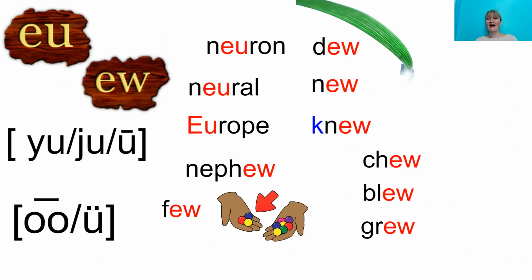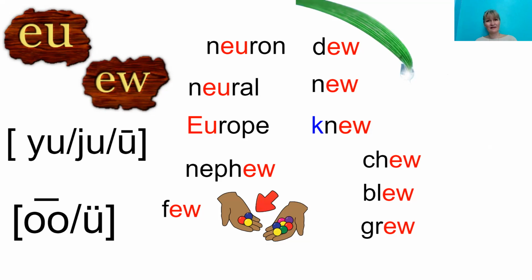All right, so I also, just as a reminder, don't forget that digraphs EU and EW also make a U sound or OO sound, right? So we remember neuron, neural, Europe, nephew, few, or we have a longer OO, so do, new. You can hear new and new.